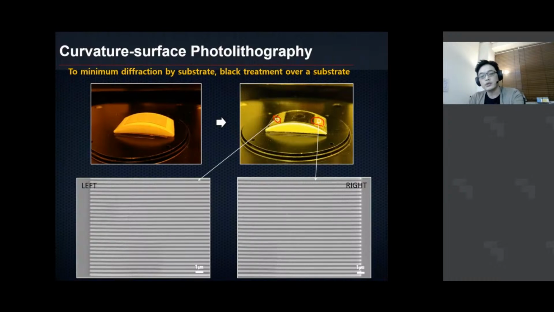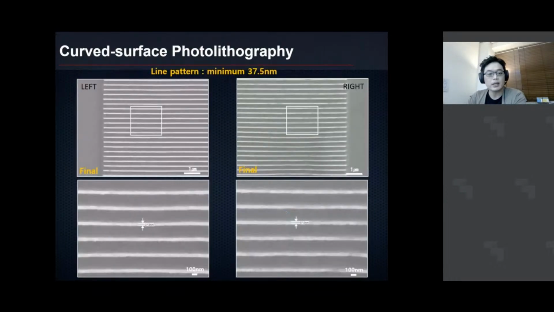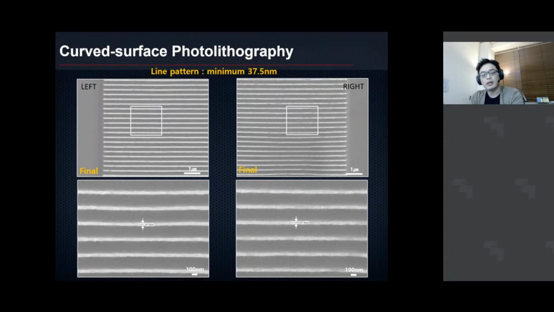Look at the homogeneity of the pattern; it's quite amazing. And you can also define about 40 nanometers. We use the 400 nanometer UV light source, and you can realize 40 nanometers. That is 1/10 of the diffraction limit.